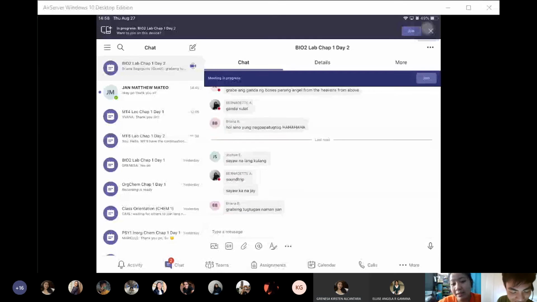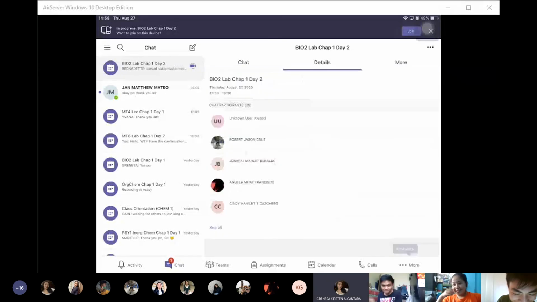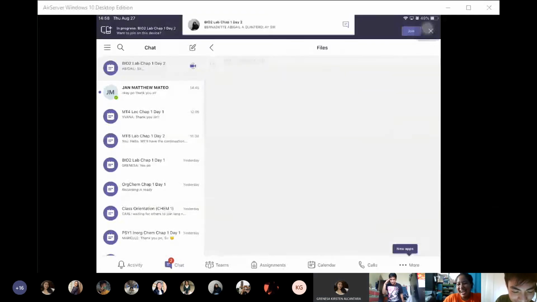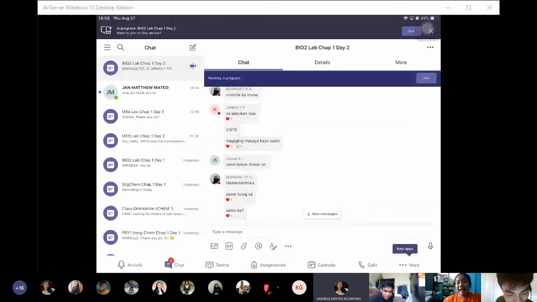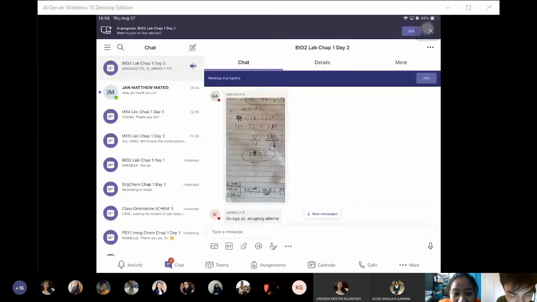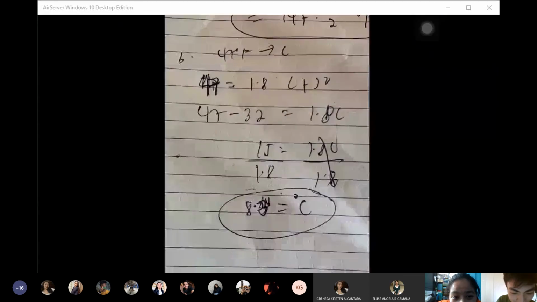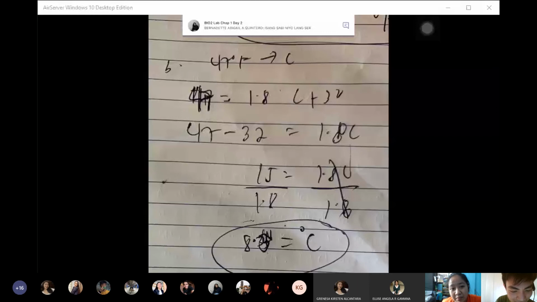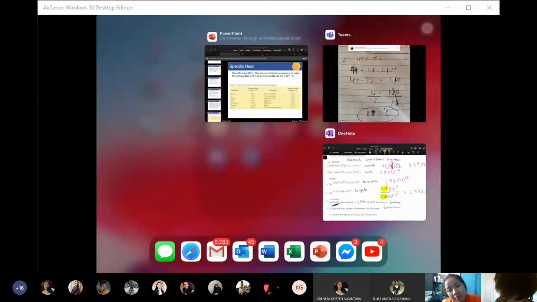Mamaya may magmimeo challenge dito, no? Uy. Asan yung picture? Ito yung kay Grenessa. So, ano yan, no? Nakikita nyo naman, di ba? 47 degrees Fahrenheit ba? Okay.